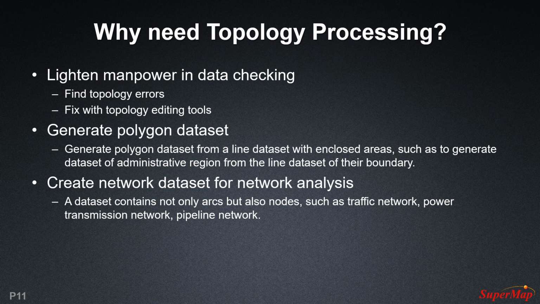Secondly, it can generate polygon datasets from a line dataset that has enclosed areas, such as generating a dataset of administrative regions from the line dataset of their boundaries. Finally, it can create a network dataset for network analysis. A network dataset contains not only arcs, but also nodes, such as traffic networks, power transmission networks, and pipeline networks. So those are the three things that it can help us with.